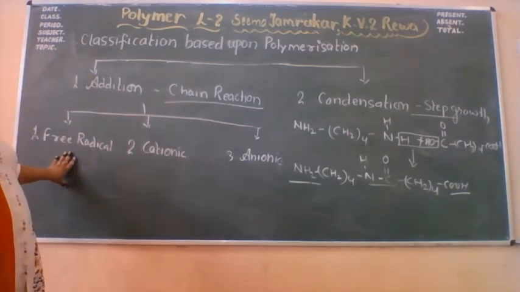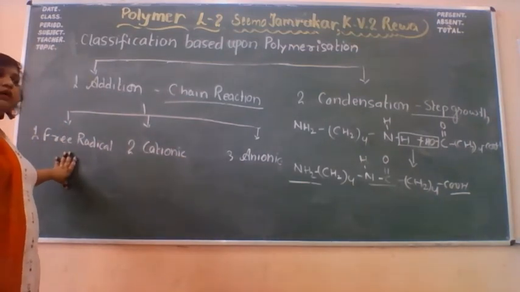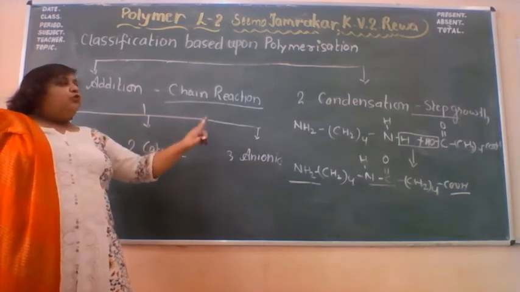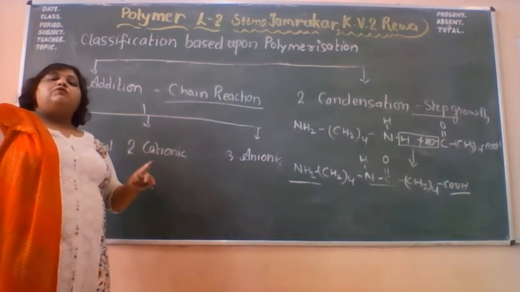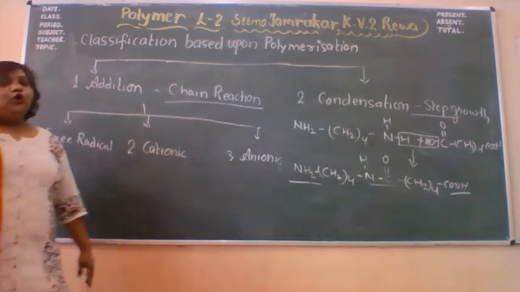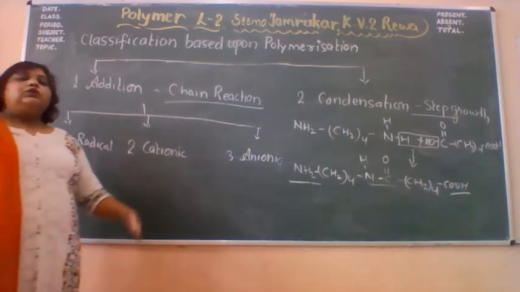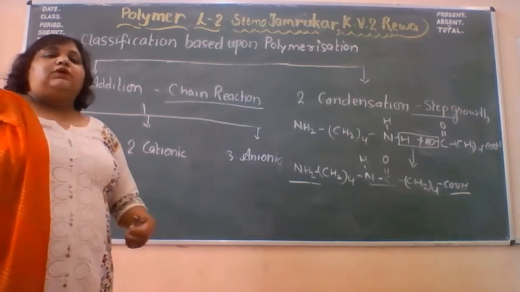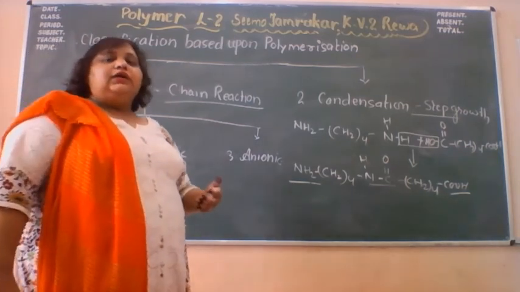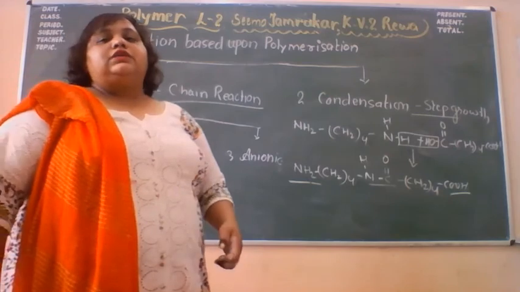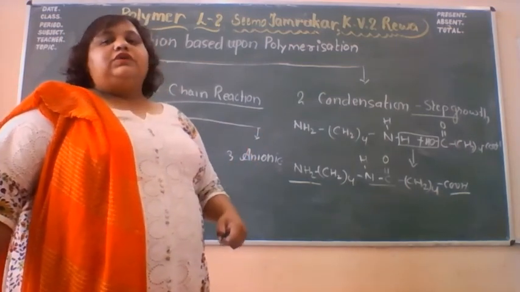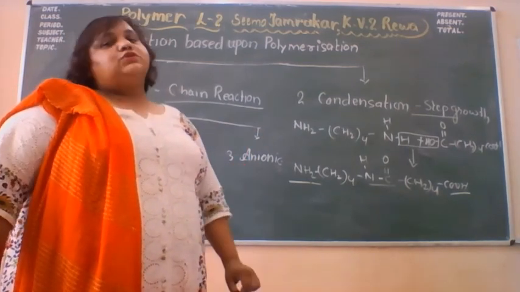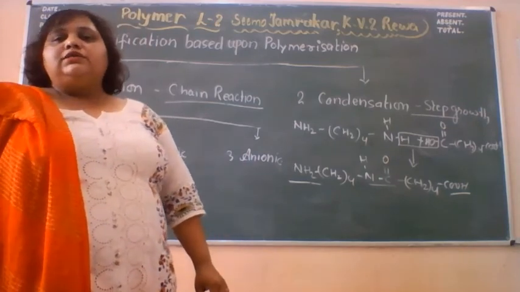Here the monomer units are the unsaturated compounds, and there the monomer units are mostly compounds having 2 different functional groups, right. So this is the parameter on the basis of which you can remember. Okay, the important thing is how to remember the things, and for these kinds of distinguishing features, you have to make some key notes, right.